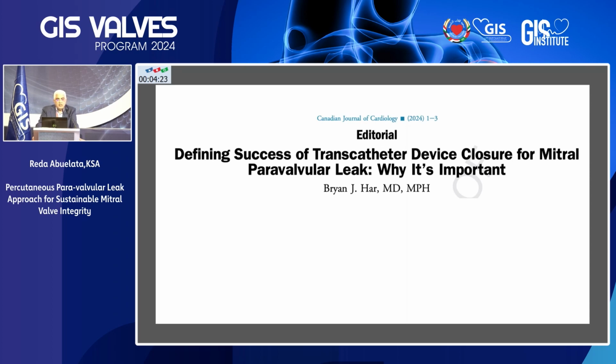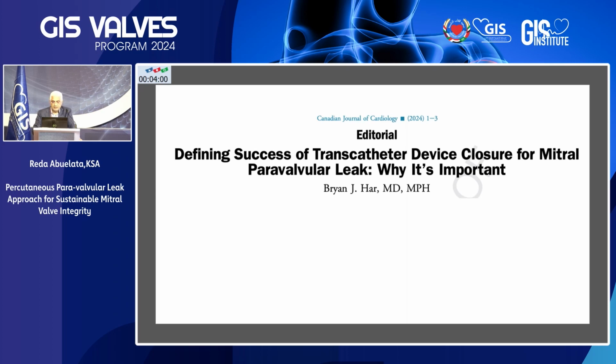When we want to define the success of transcatheter device closure of mitral paravalvular leak, there is new published data from the Canadian Society of Cardiology that we should end up with a very clear endpoint. Sometimes we have patients with torrential, massive MR, and it's not about putting one device or 2 devices.